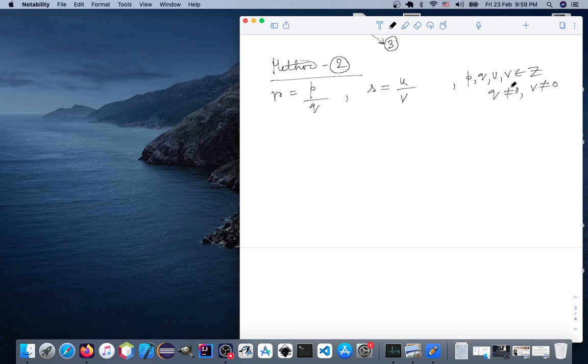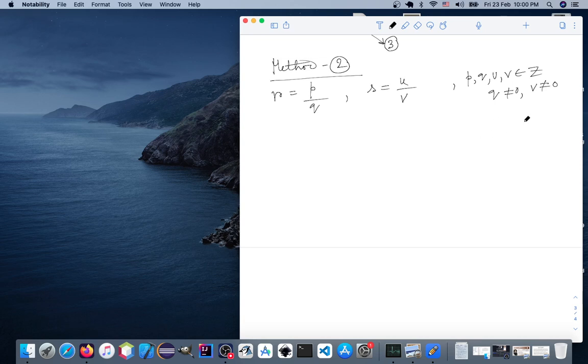Now, in method 2, we have R and S. So R will be of the form P by Q and S will be of the form U by V. Now, what we do is we transform R and S into equivalent rational numbers.